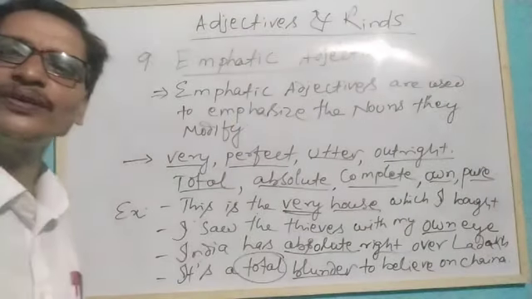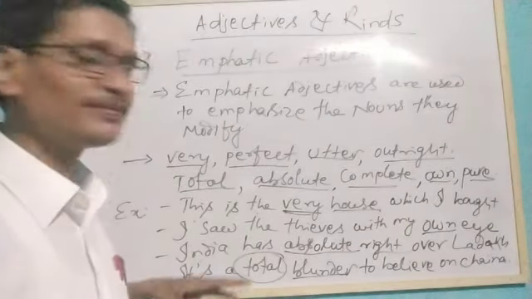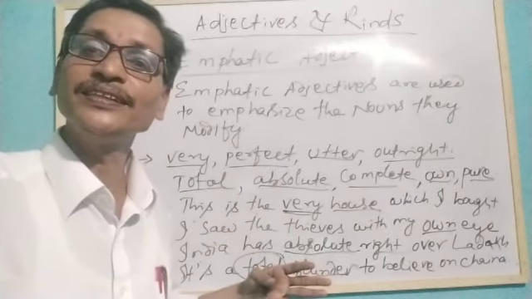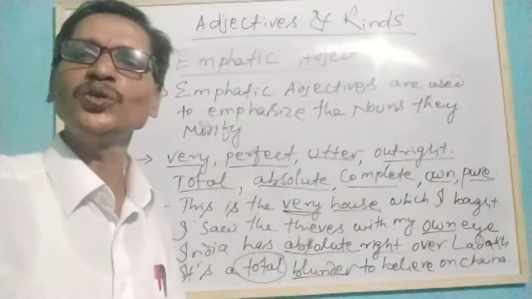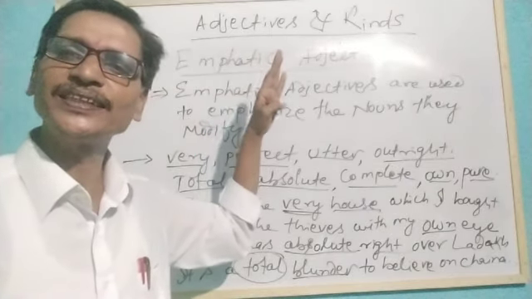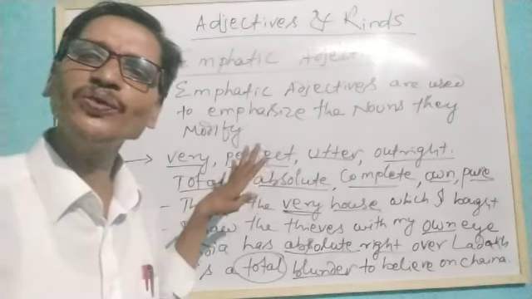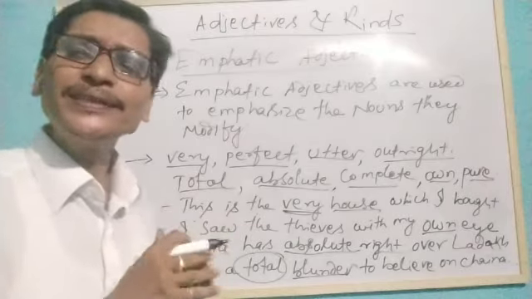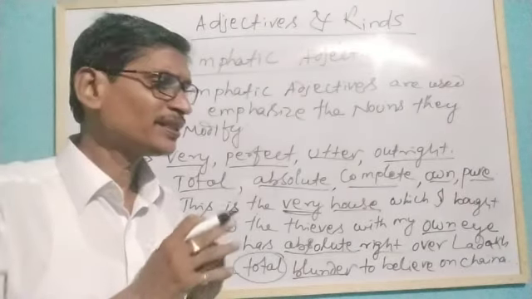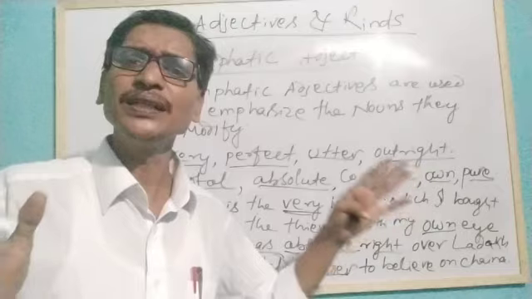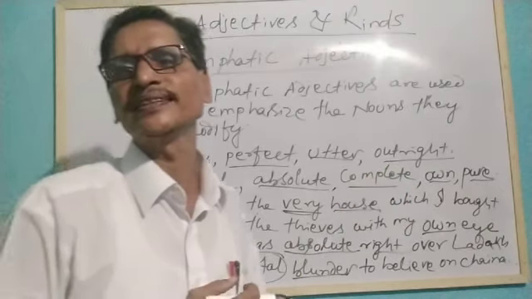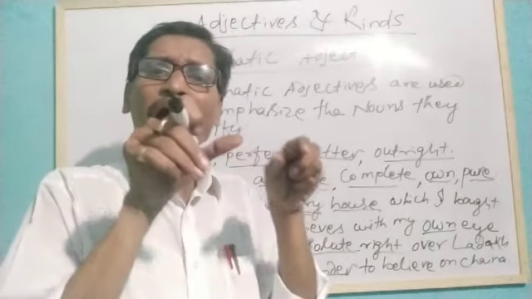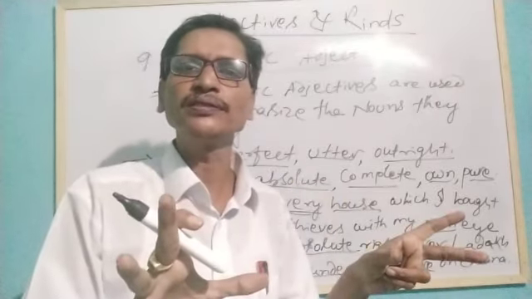Okay, so today we understood some more kinds of adjectives in addition to the previous class. But sometimes several words are used as adjectives in our sentence, and which adjective will be used in what place is a matter of confusion.